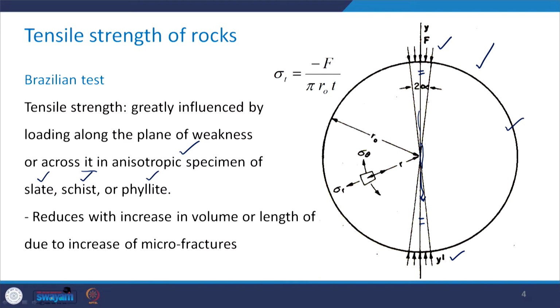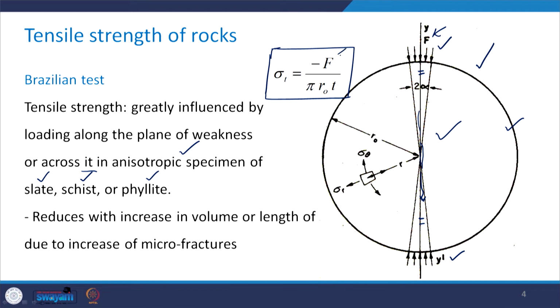So, I mentioned to you that we need to use an expression to determine the tensile strength of the rock. So, this is the load F at which there is going to be the failure of this specimen.